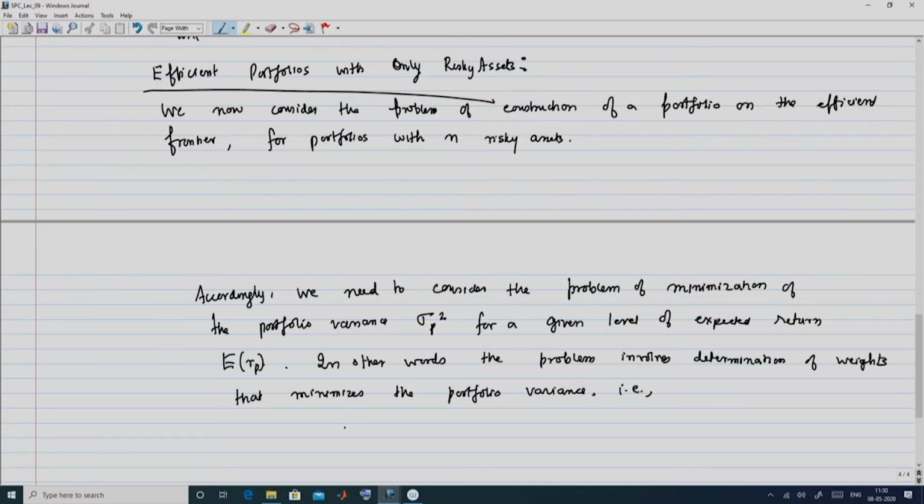That is, minimum of sigma p square, and this is nothing but the minimum of, you would recall, summation i equal to 1 to n, j equal to 1 to n, w_i w_j into sigma_ij.